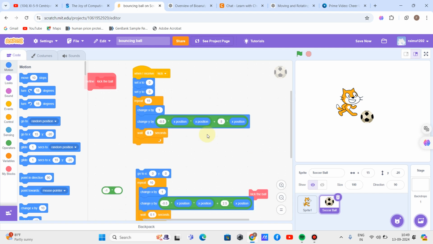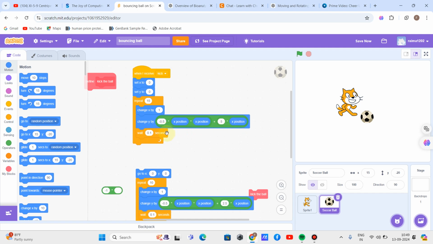How I programmed the ball sprite: I programmed the ball so that when it receives the message from the cat that I'm going to kick the ball, the ball position is set to 0, 0, the origin point, and then I change the x-axis direction independently by one unit, and change the y coordinate by this equation, minus 0.5x square plus 5x.